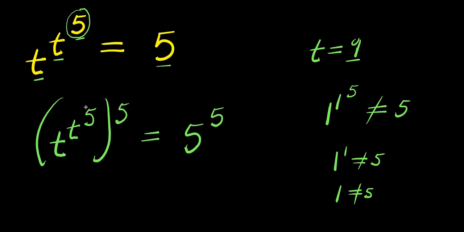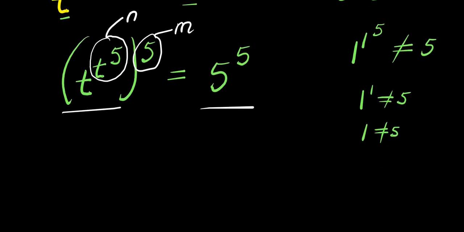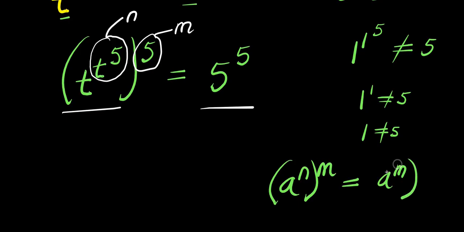Then, the next step we are going to take using this method is for us to consider this t power 5 as a unit. In this case, we consider it m, and the 5, another unit, we have n. So, in the case of a power n raised to the power of m, this equals a power m raised to the power of n.